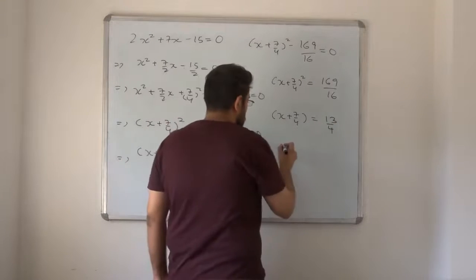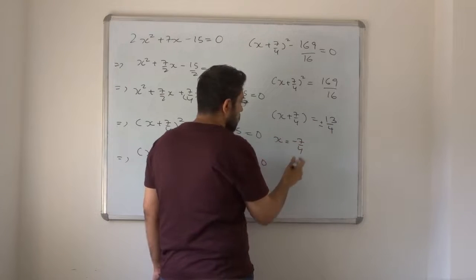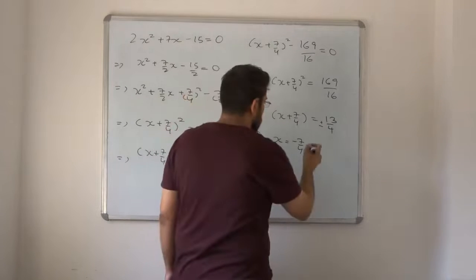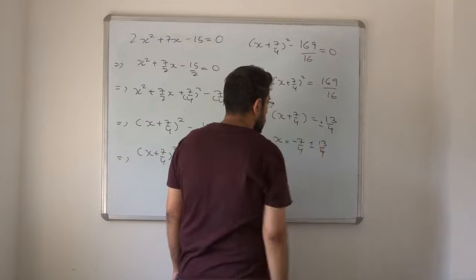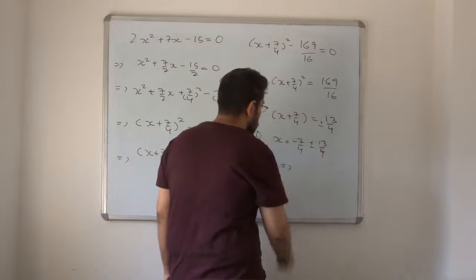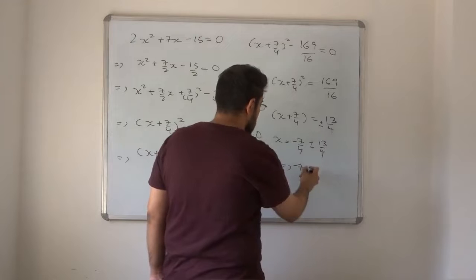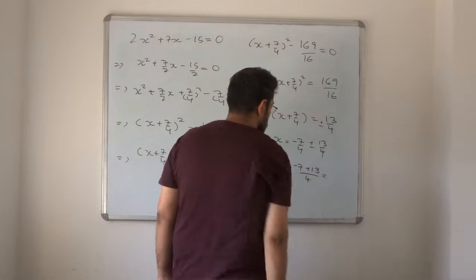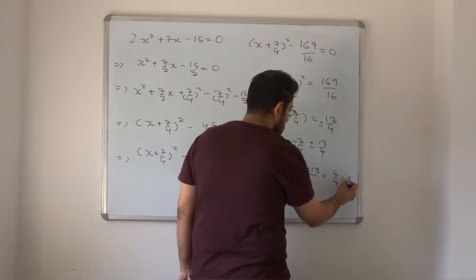So now you get plus minus. Because it's positive on the left hand side, when you take it on the other side it becomes negative. So now you have plus minus 13 over 4. So now what do you get? Basically you get negative 7 plus 13 over 4. So basically you get 6 over 4, which is 3 by 2.